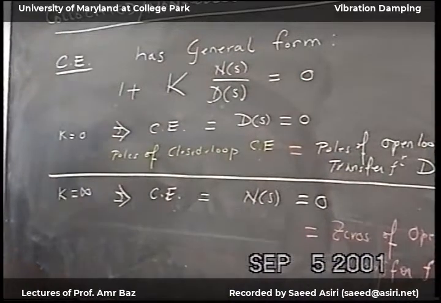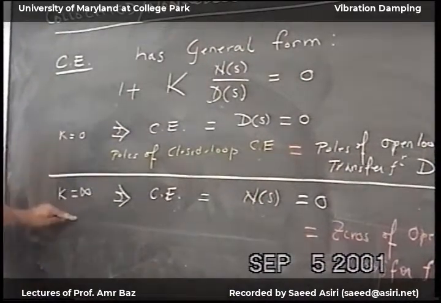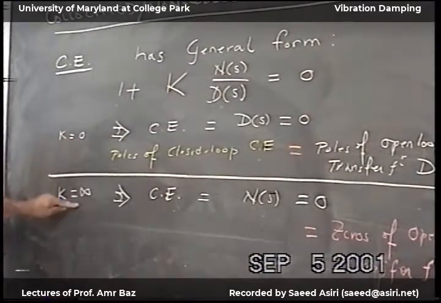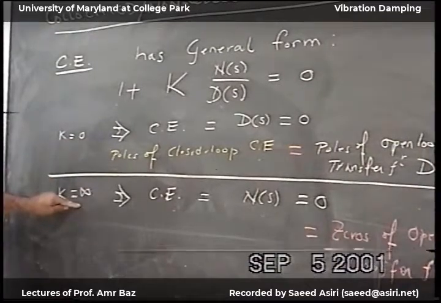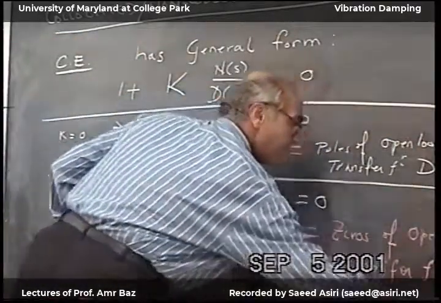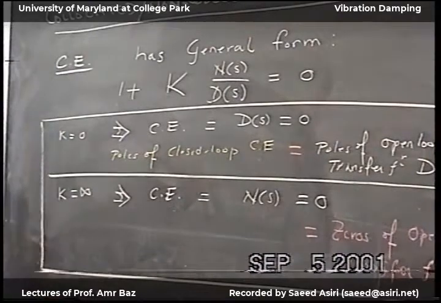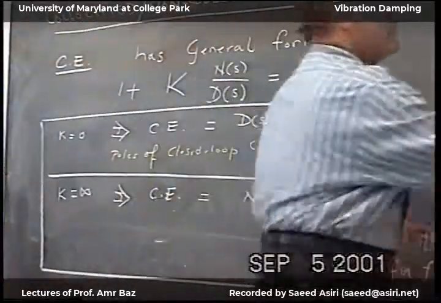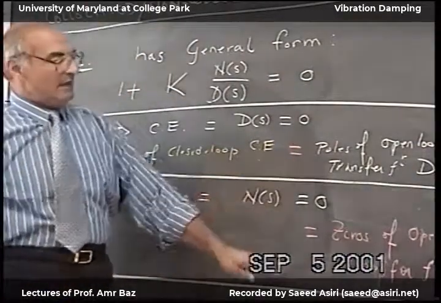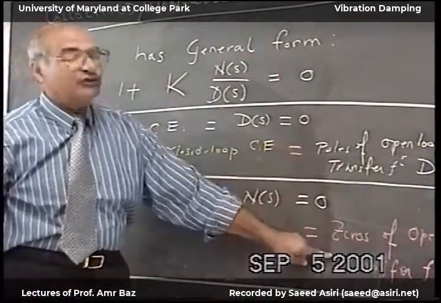In control systems, I want to select a gain between 0 and infinity, so I have to look at all these combinations. So the controller that I want to look at is when I vary k from 0 to infinity. When I do this, I get a plot called the root locus plot. So now I go into MATLAB and I give MATLAB the numerator and the denominator of the open loop.